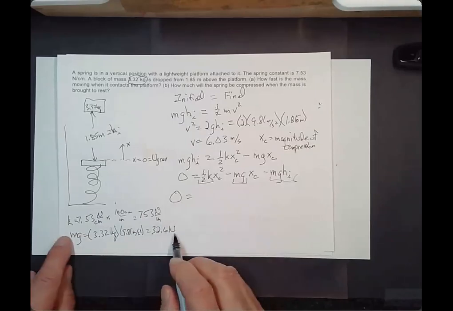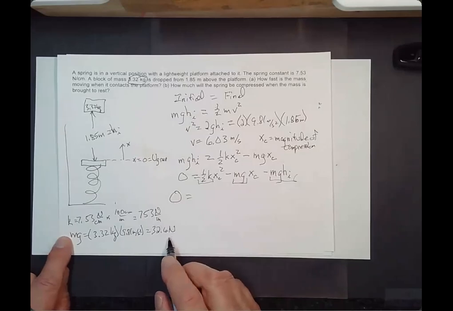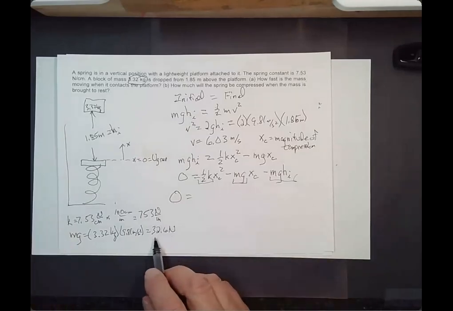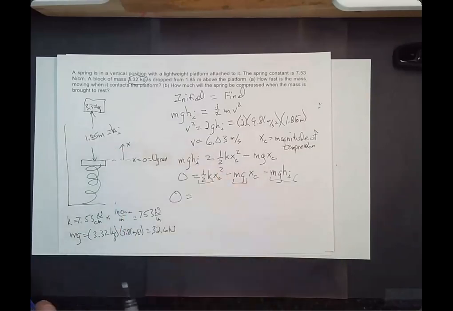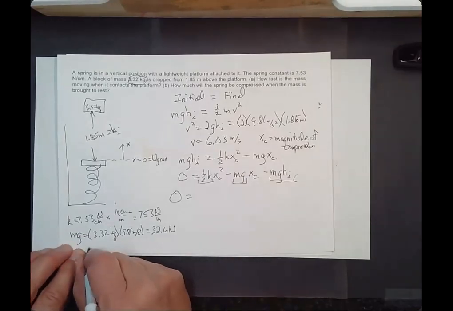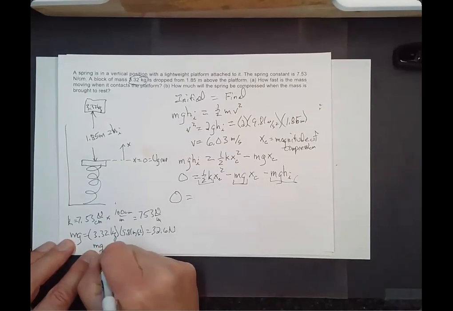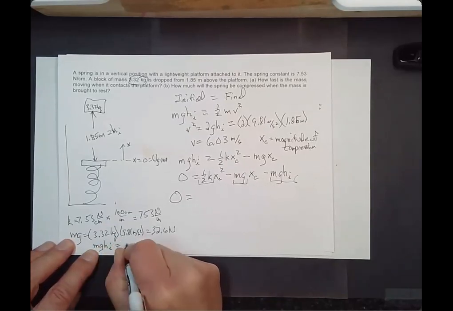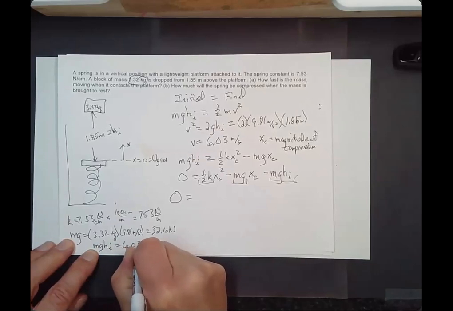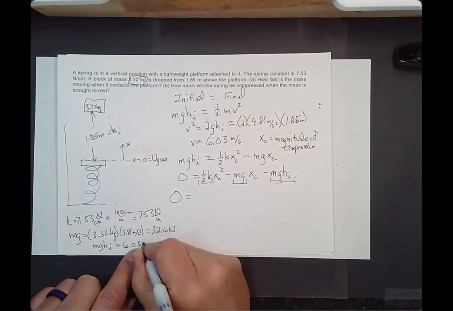At this point, I'm just doing some arithmetic here. And mgh sub i, I'll just take this and multiply it by that initial height. And I have 6.03. And that will be newton meters.